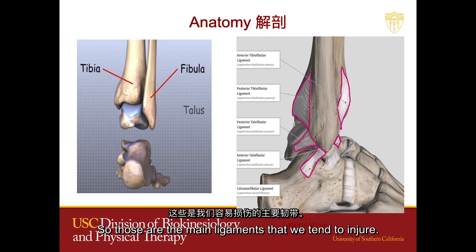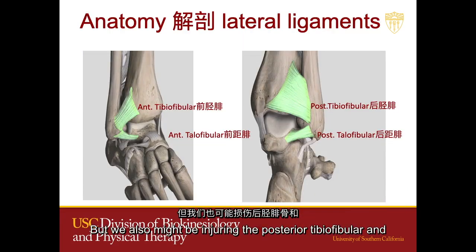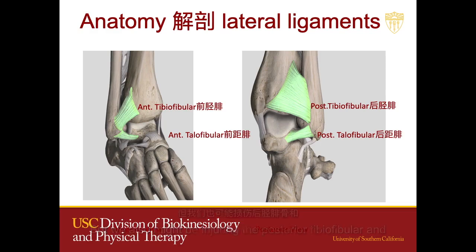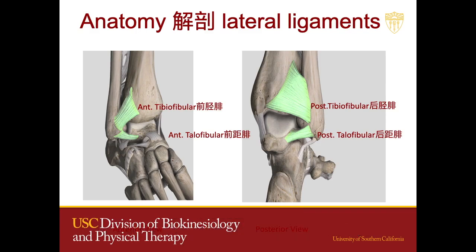So those are the main ligaments that we tend to injure, but we also might be injuring the posterior tibiofibular and the posterior talofibular ligaments. So it's rare, but it does happen. And then on the medial aspect of the ankle, we have the deltoid ligament, which can also be involved with these bad ligament sprains.